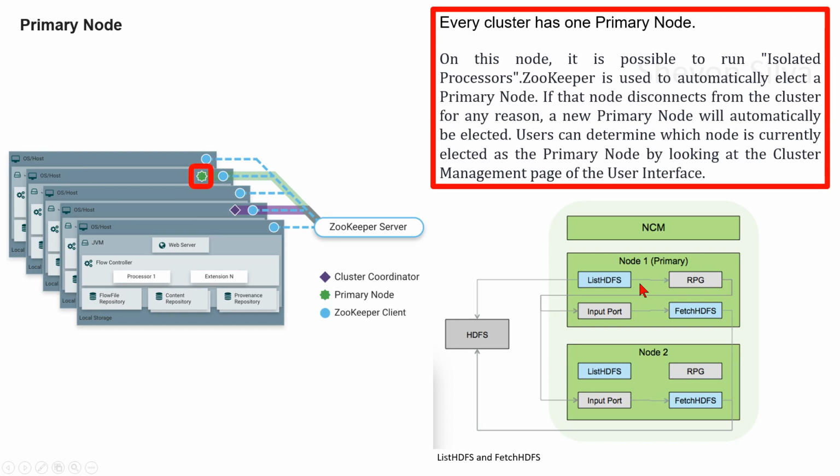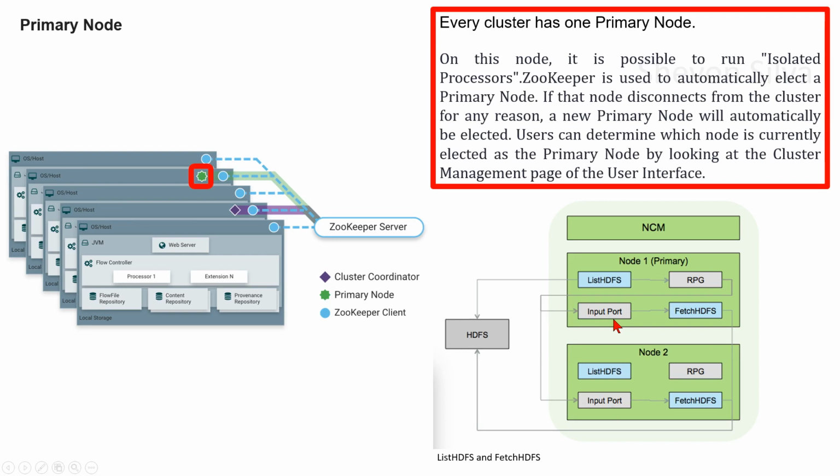These flow files are then sent to the remote process group connected to an input port in the same cluster.